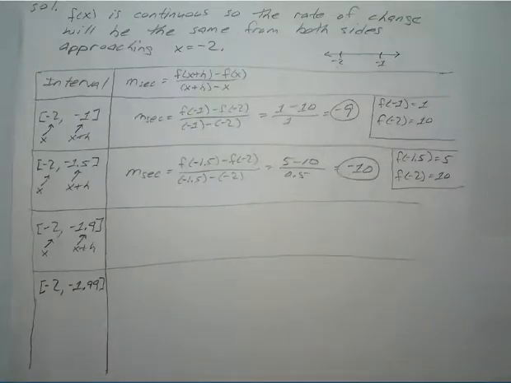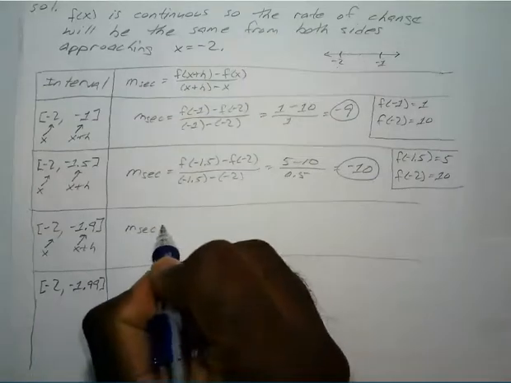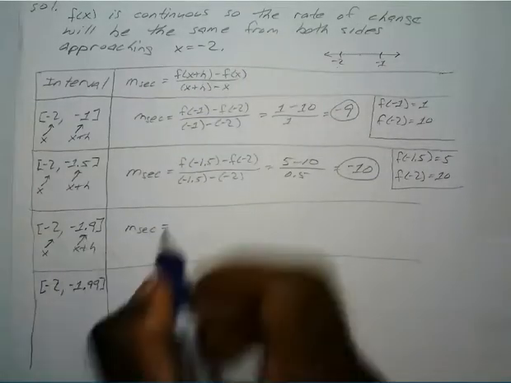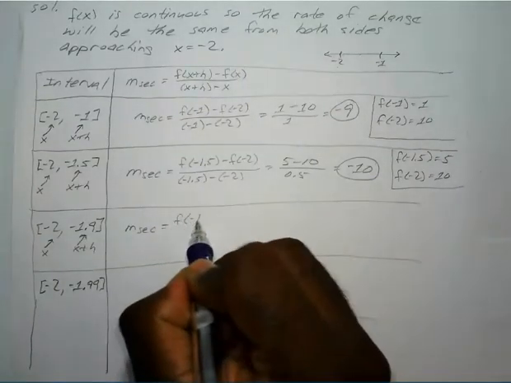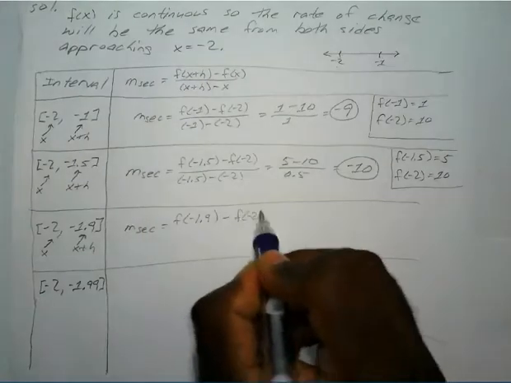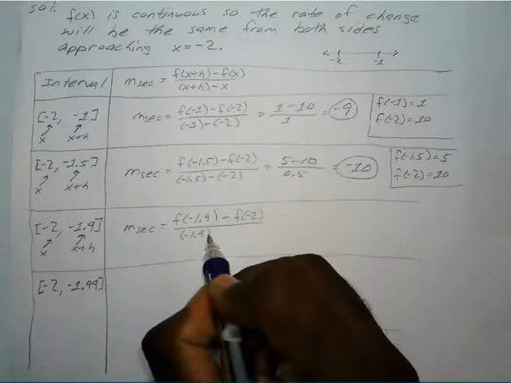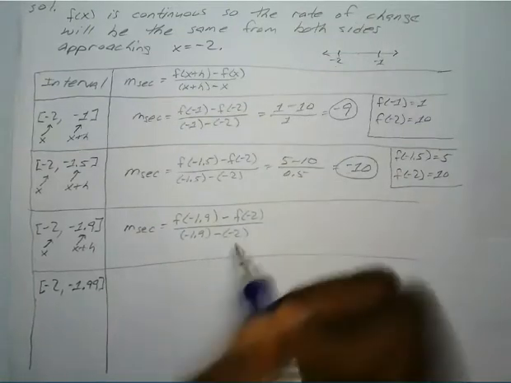Alright, so I'm assuming you've pressed pause and you've worked that one out. So we're going to go ahead and verify your answer. Okay, so your f of x plus h, that's f of negative 1.9 minus f of negative 2 all over negative 1.9 minus negative 2.